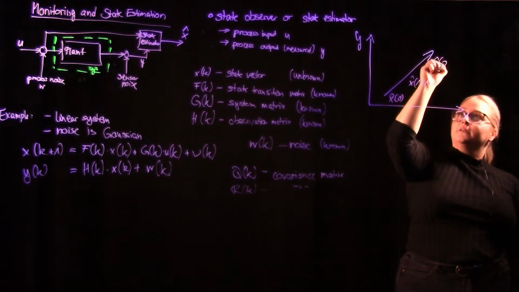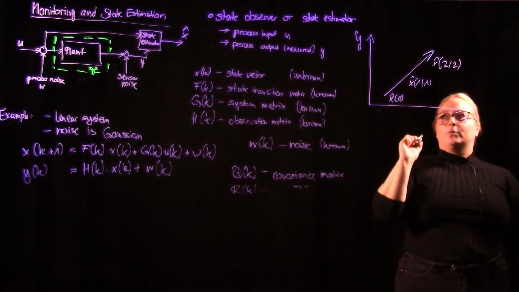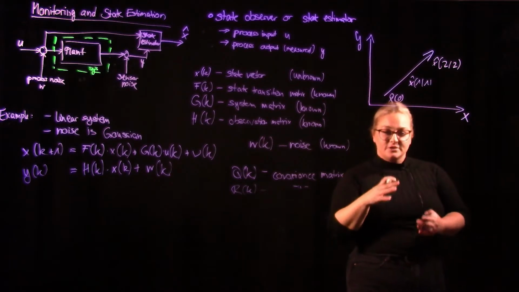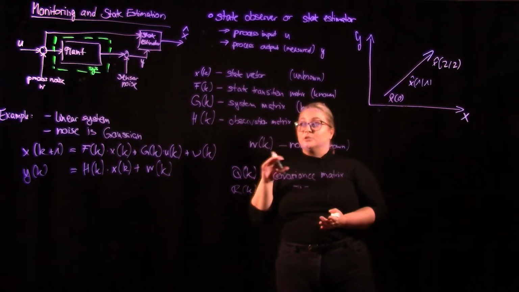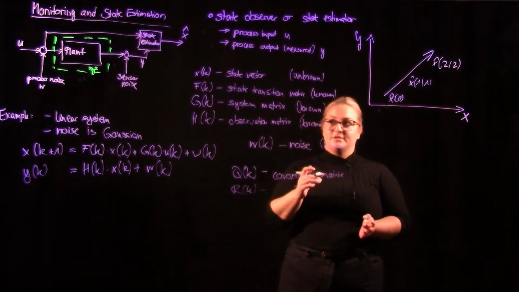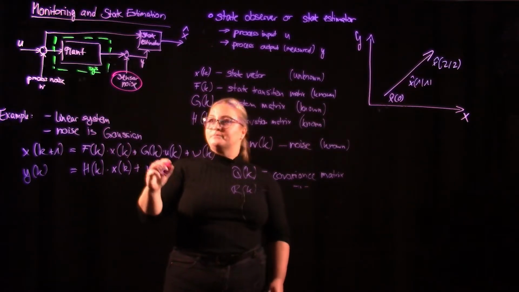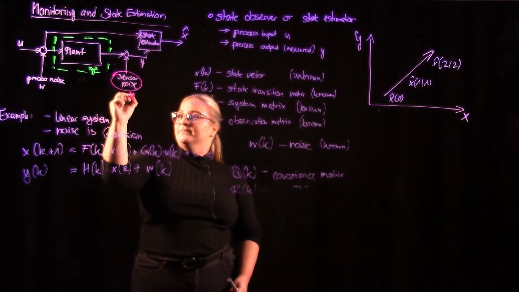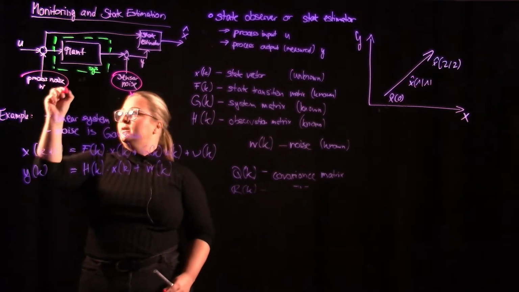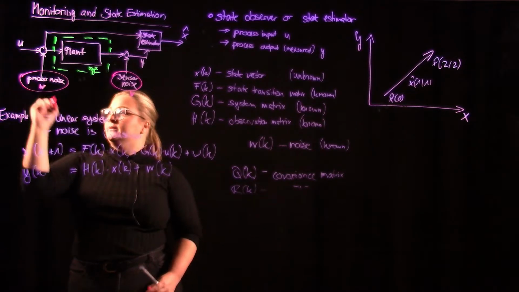This also helps us correct noise in the system, for example our sensor noise, which is V, and our process noise, W.